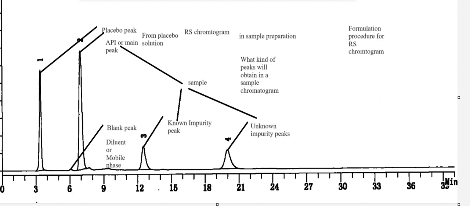In order to process and integrate the RS chromatogram, we need to know what peaks are what: which is the placebo peak, which is the blank peak, and which are the sample and known and unknown impurities.